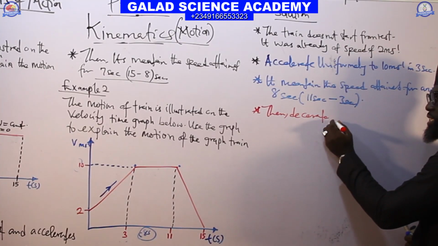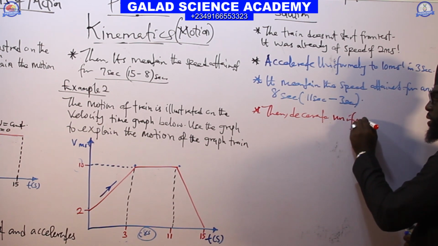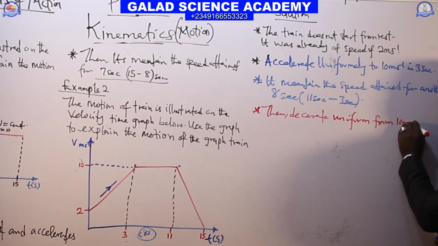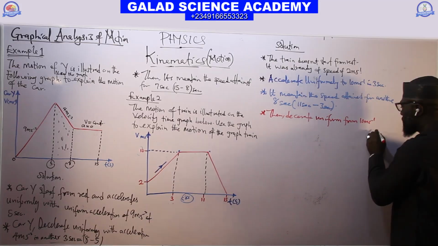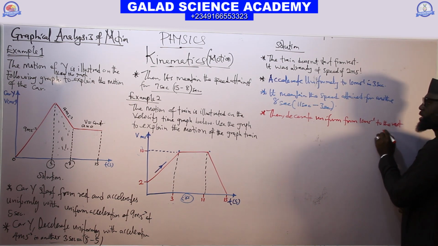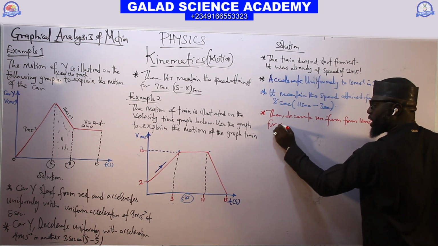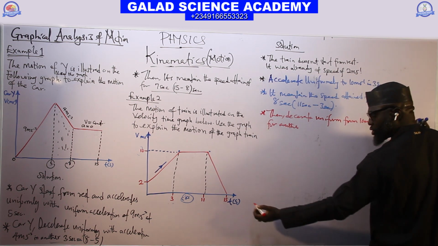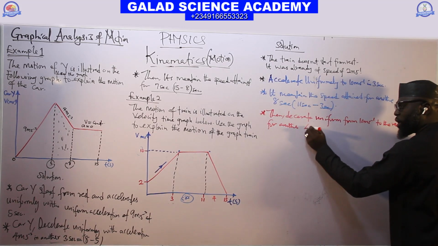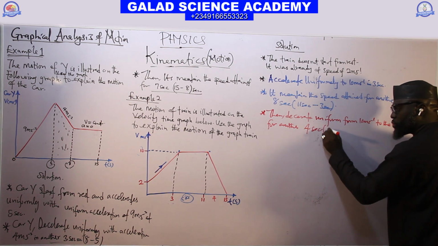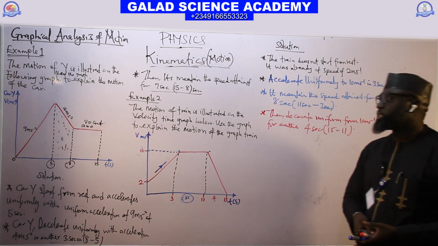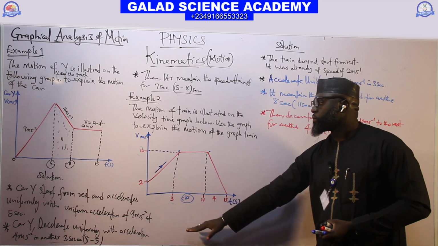It decelerates uniformly from 10 meters per second to rest. Subtract 11 from 15, we have 4 seconds, which is 15 minus 11. That is all about the interpretation of this.